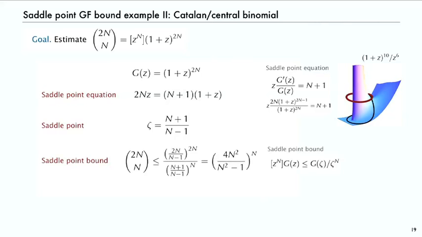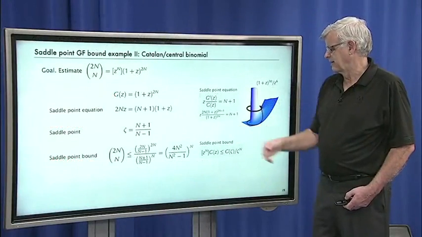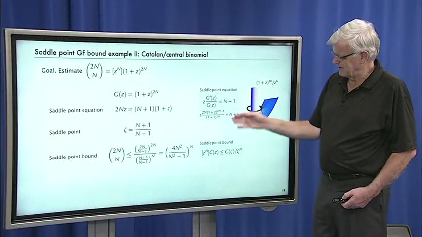And then the saddle point bound is to take g of zeta over zeta to the n, so n plus 1 over n minus 1 to the n. And then g of zeta is 1 plus that to the 2n, and work it out. Then we get 4n squared over n squared minus 1 to the n.